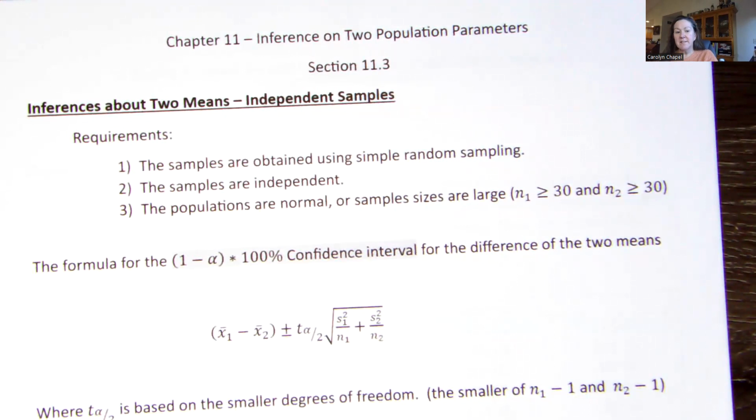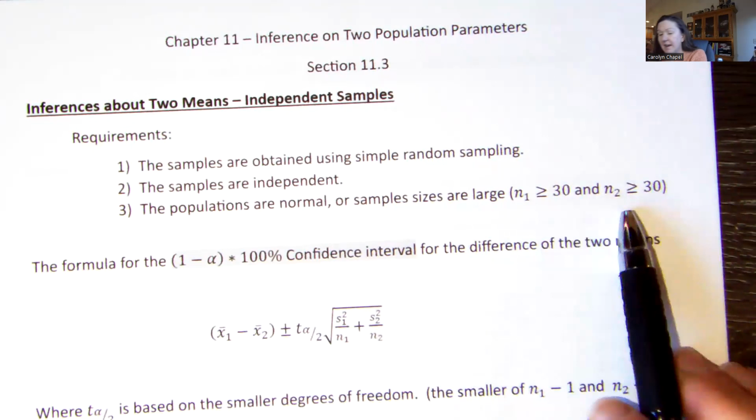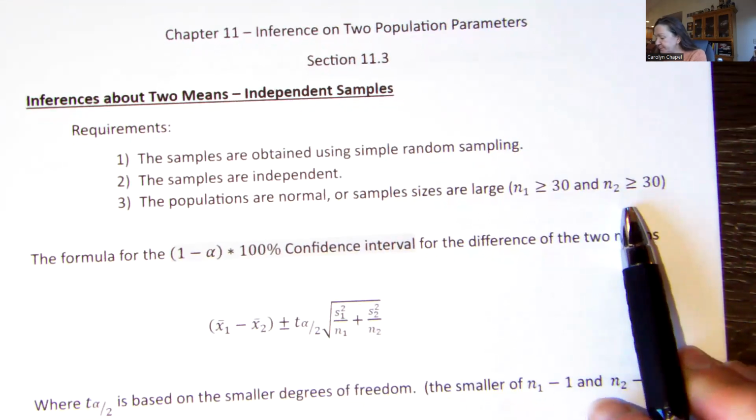We want to make sure that the samples are independent, meaning those in the first sample do not affect or have no bearing on who is in the second sample. We want to make sure that both populations are relatively normal with no outliers, or that the samples are large enough. So we need to have both samples being large enough.